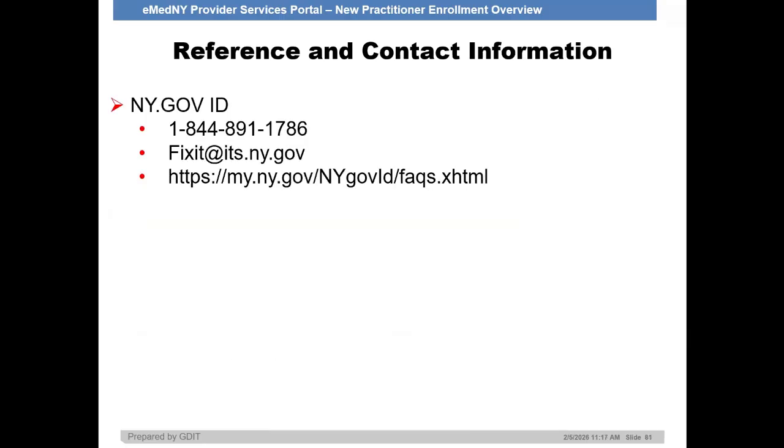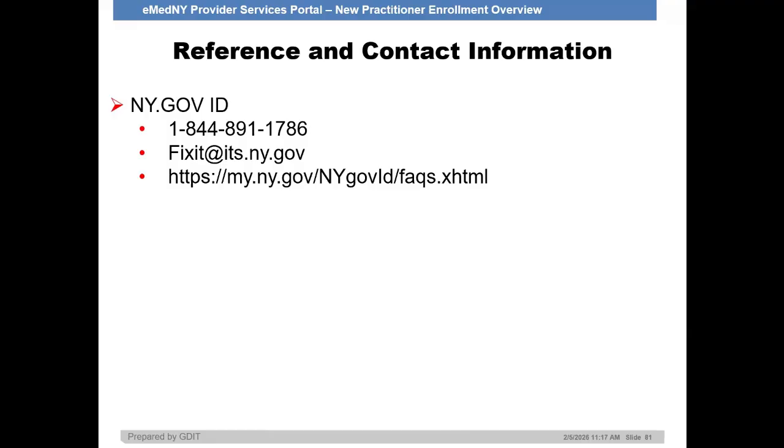So again, if you have any issue with the NY.gov ID, you're going to contact this number that's on your screen, 844-891-1786. You can also email them at fixit, F-I-X-I-T, at its.ny.gov.